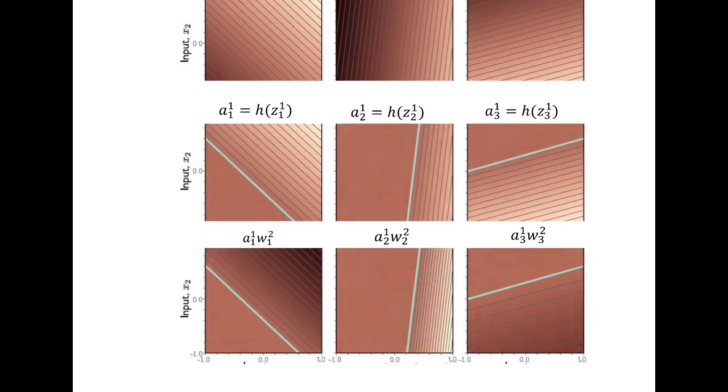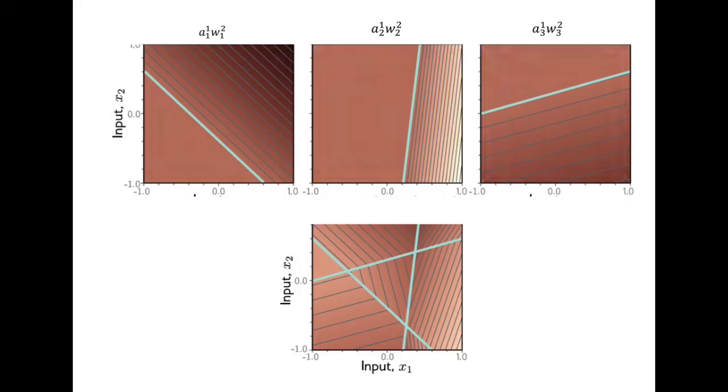Now I add them up. After the scaling, I add a bias. So this is how, if I add these three curves and the intensities, something in the output might look like. And you see, all the lines here correspond to the points where your output is the same value.